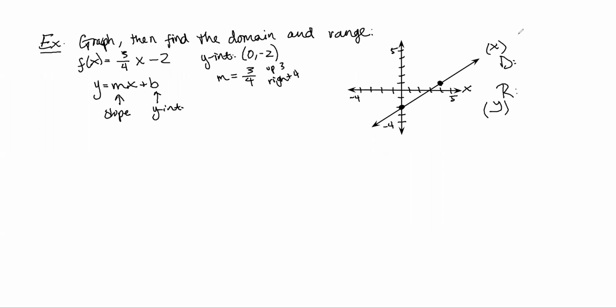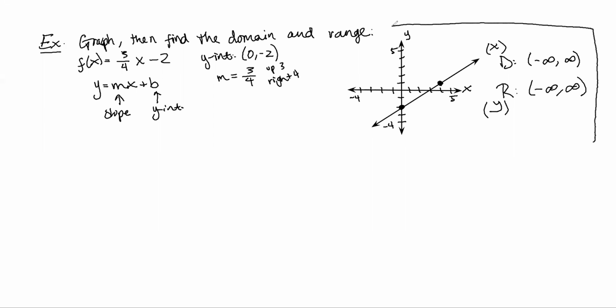So what is our domain going to be as an interval? It's going to be negative infinity to positive infinity. And then with our y, remember we want to know how far up and down we go. So the furthest down we go, this line goes down forever, and it goes up forever. So same thing here. Our range is negative infinity to infinity. So this is our graph and domain and range.